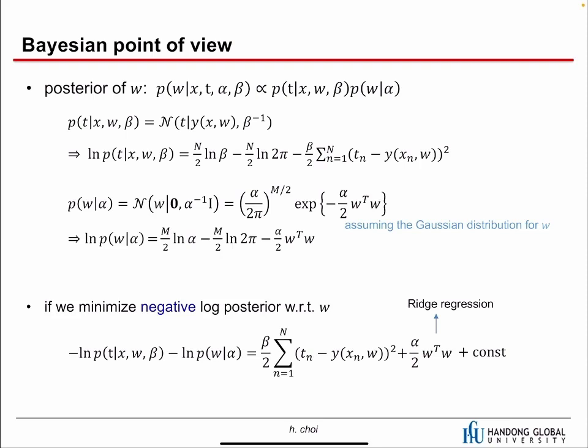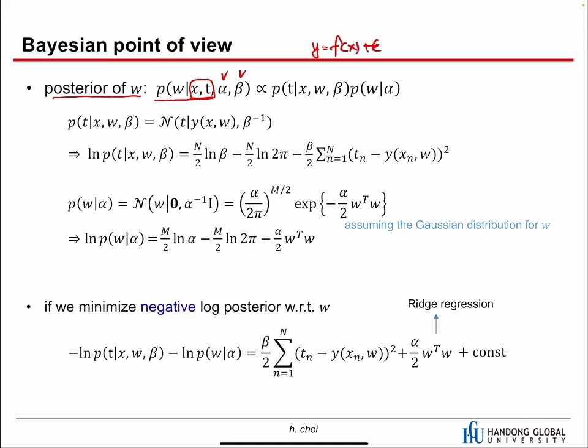Now we can understand the regression methods based on the probabilistic model. We're interested in the posterior of W. So what is the probability of W given data samples? That's the posterior, right? So we're interested in the probability of W given X and T. These are data samples, and we have a prior, and beta is actually coming from this.